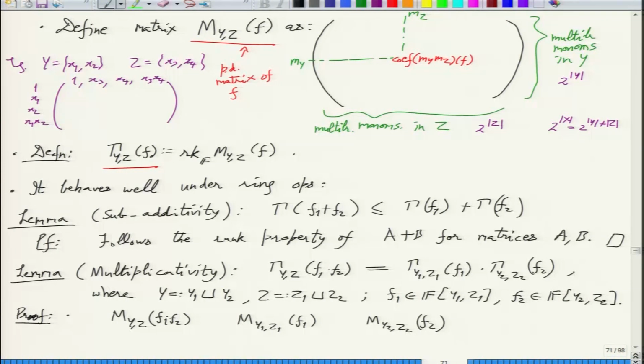Oh, we have read the survey. Yeah, so if you look at the rows in M_Y1 and M_Y2, the rows are in completely different variables, right? And the rows in M_Y, they are all the monomials in Y1 union Y2.